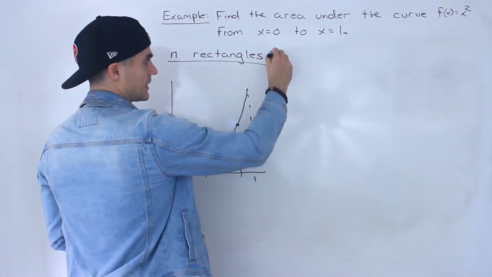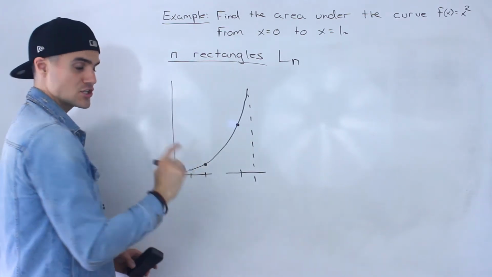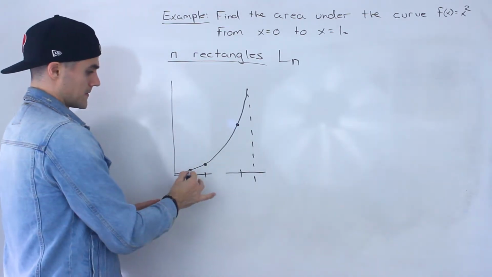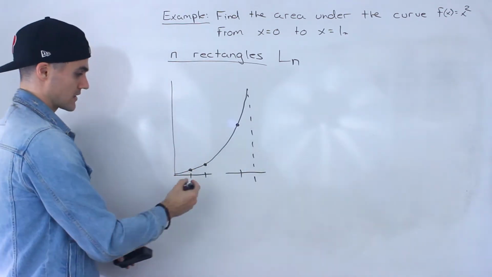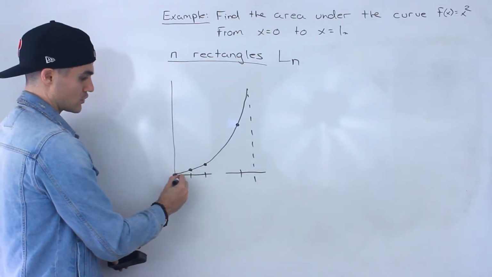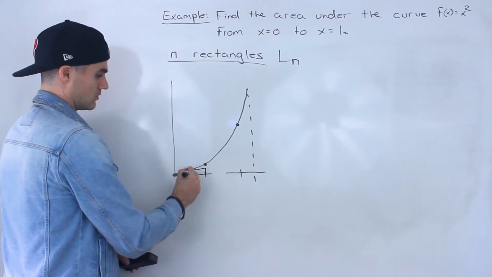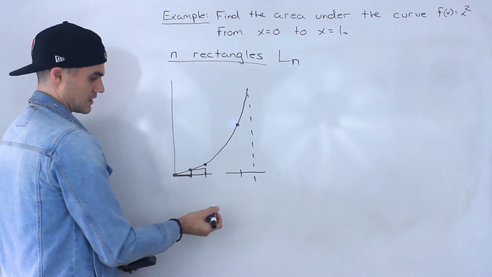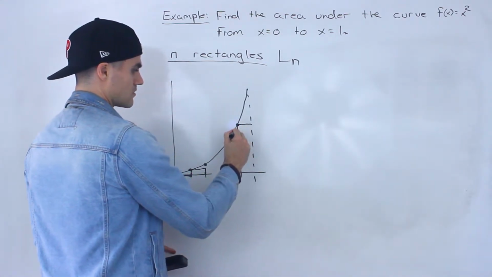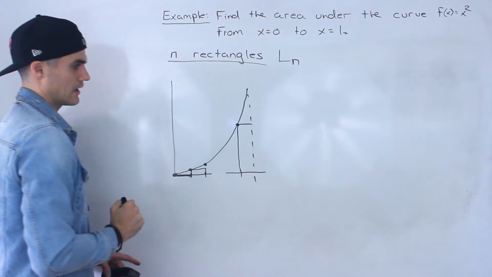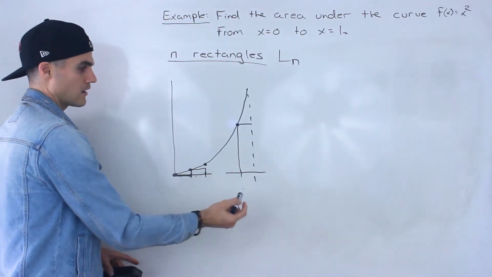But because we're dealing with L now, each of these points is going to be on the left corner of each rectangle. So the first rectangle is going to be here, the next rectangle is going to be here, and then this last rectangle is going to be there. So there's going to be n of these rectangles.